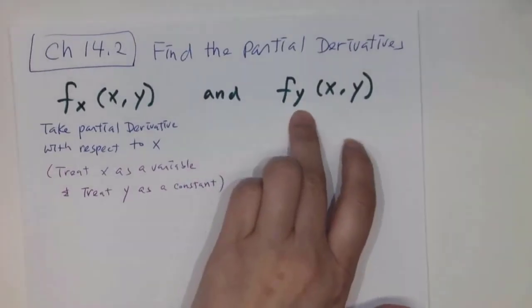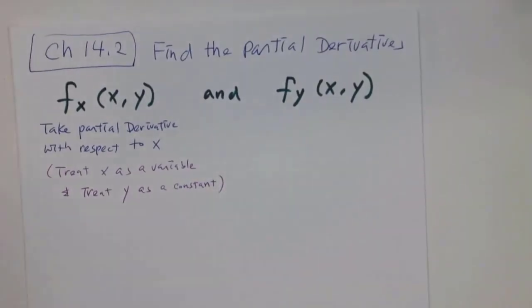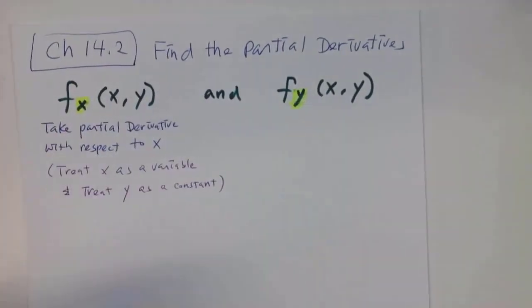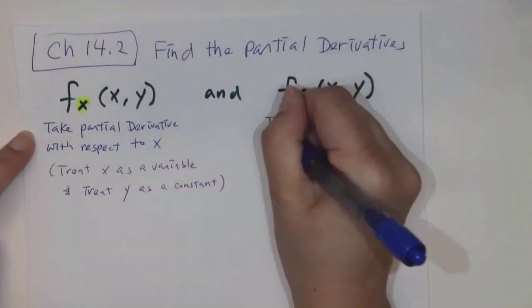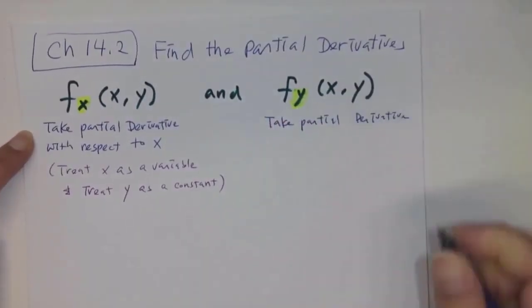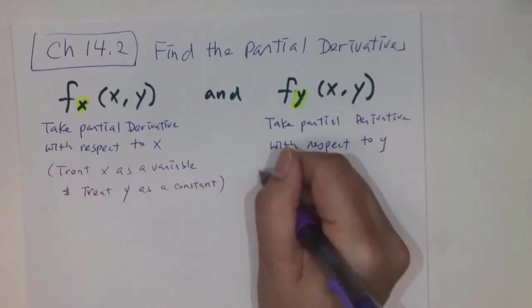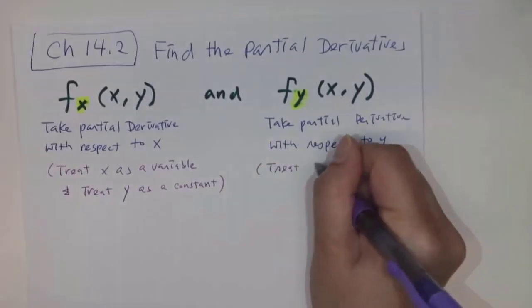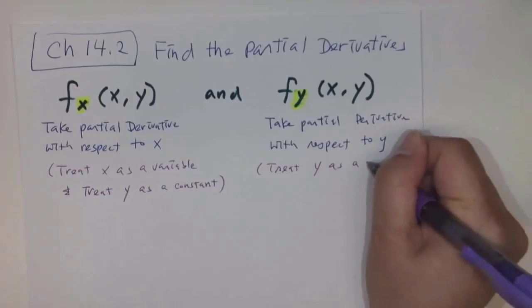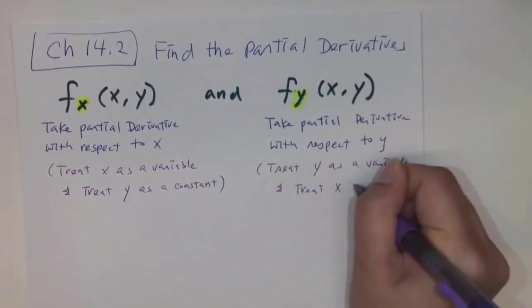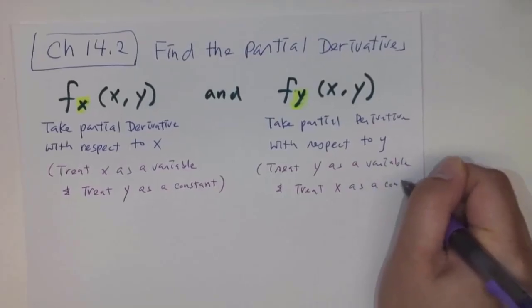If it looks like that, which we see this time, subscripts have y there, right? So this means we are taking the partial derivative with respect to y, which means we are treating y as a variable, and then treat x as a constant.